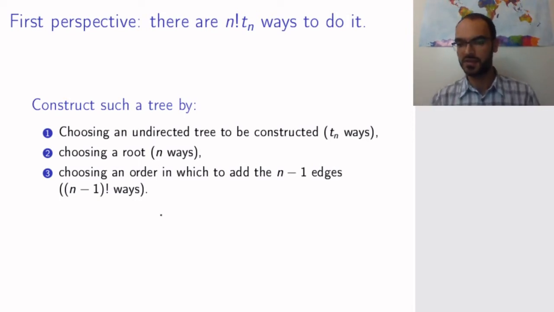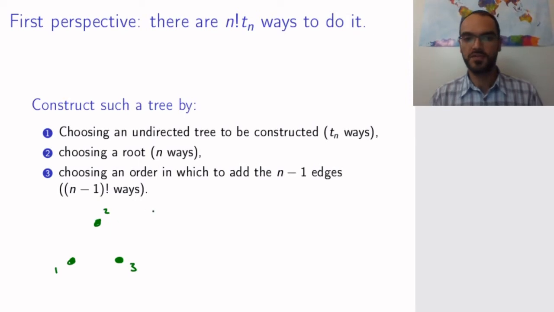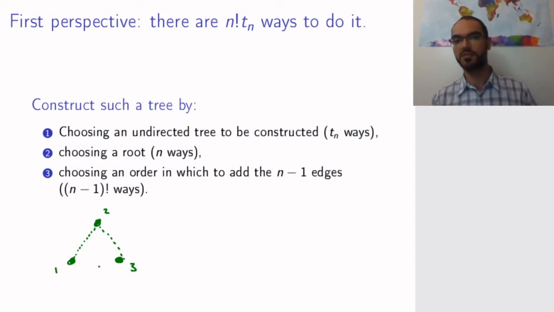So let us look at the case of n equals 3. I have these three vertices, 1, 2, 3. Everything is labeled here. First I decide which edges I actually want to construct. Where do I want to draw my roads? Let's say I would like to have this edge and this edge. Then I decide which of these three vertices is going to be my root.